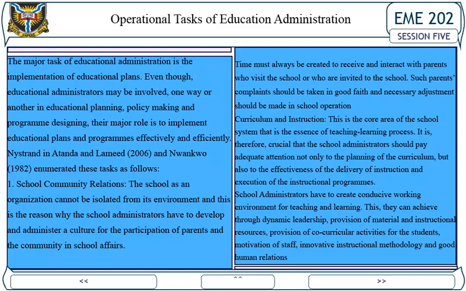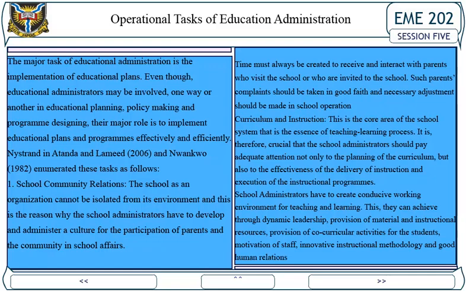Time must always be created to receive and interact with parents who visit the school or who are invited to the school. Such parents' complaints should be taken in good faith and necessary adjustments should be made in school operation.